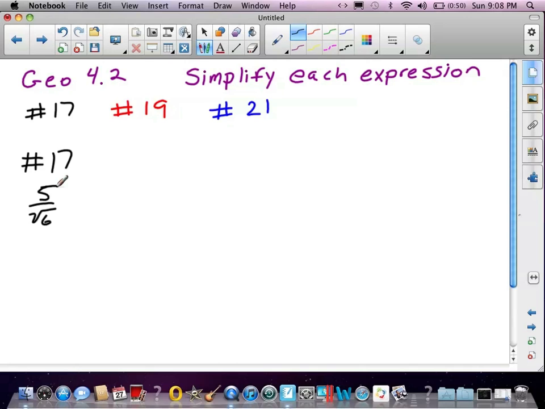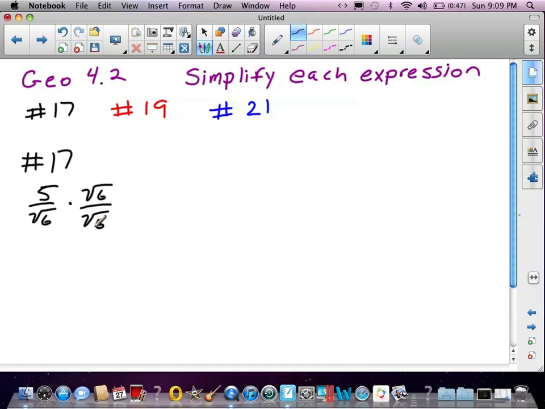Well, the square root of 6 is as simplified as it can be, and remember I said you cannot have a radical expression in the denominator. So we go back to the previous unit that we were just doing, where we were having to write the forms of 1. So what I'm going to do now is multiply this times a form of 1, which would be square root of 6 over the square root of 6.